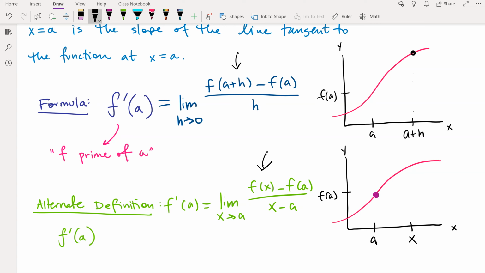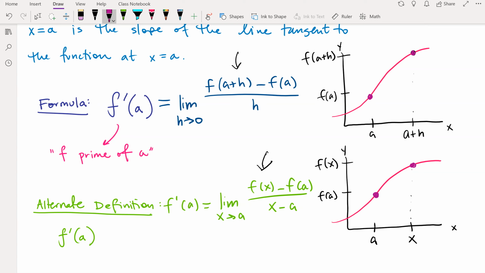So put a point here, and that y value would be f of a plus h. Same with the x, put the y value on there. We have f of x, plug in x, whatever x is.